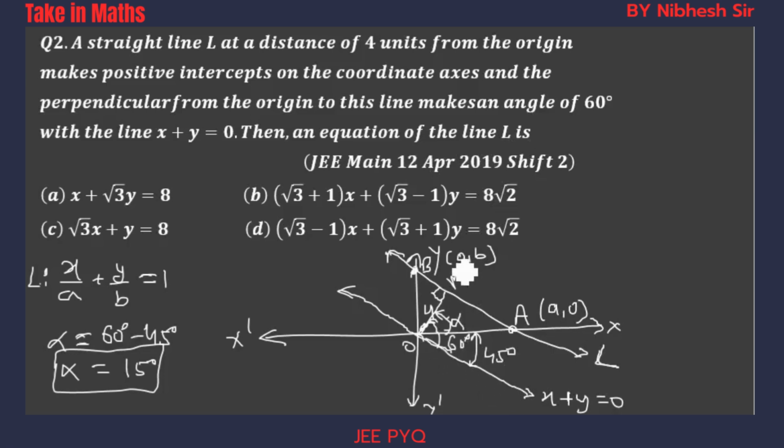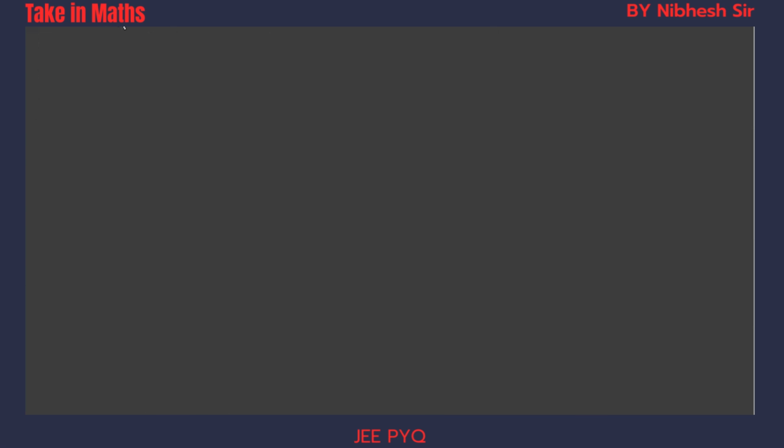The two things we have found here are alpha and the perpendicular distance. So we can use the normal form of the equation of line. The normal form is x cos alpha plus y sin alpha equal to p, the perpendicular distance from the origin, that is 4.